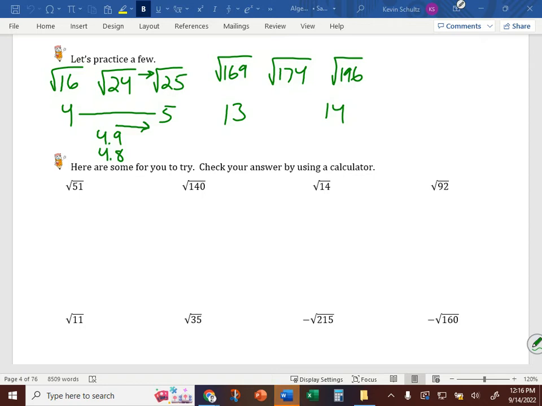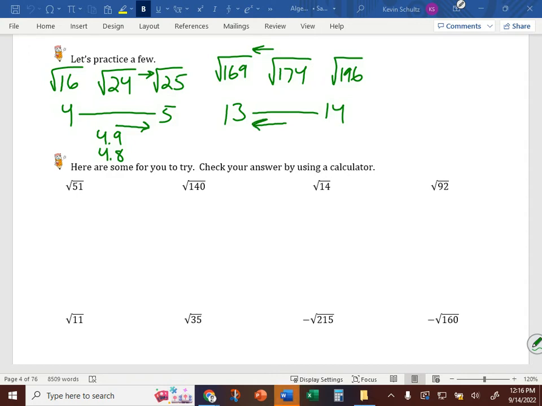Okay, so both pieces are important here because now we have to look at what is 174 closer to. Because being closer to 169 means its value is going to be closer to 13, versus being closer to 196 would mean the value is closer to 14. So you need both the original roots and the perfect squares there. Both are important. Root 174 is closer to the root of 169, which means it's going to be closer to 13 than it is to 14.